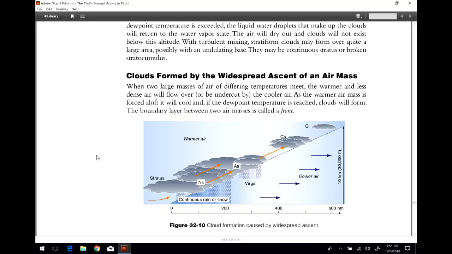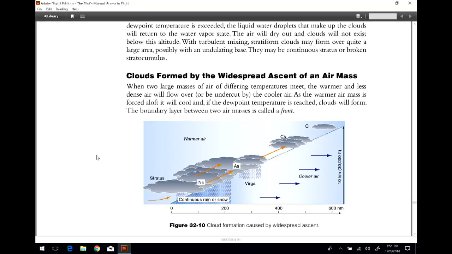It's not necessarily caused by that lifting action like you might see with a big cumulus cloud, but by the fact that it gets pushed up as it takes the place of that cold front, and this is where you get that continuous rain or snow, but it's normally not associated with hazardous weather necessarily, that reduced visibility to be sure.